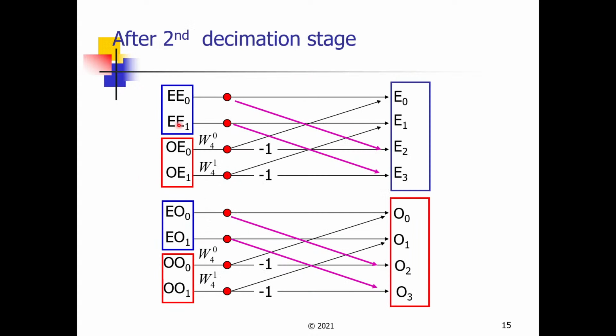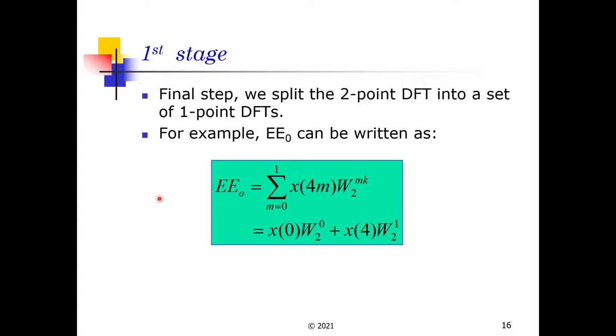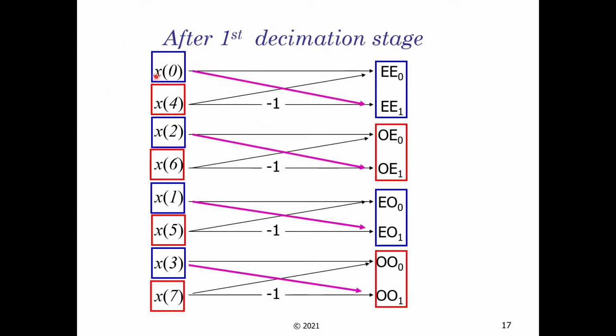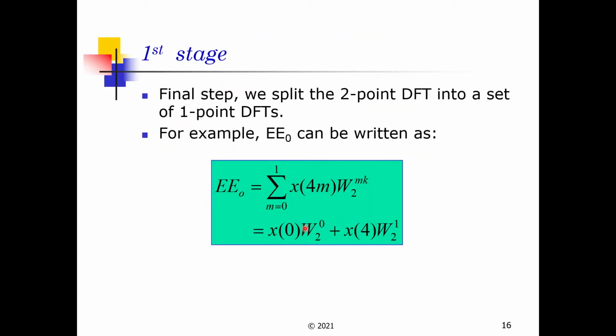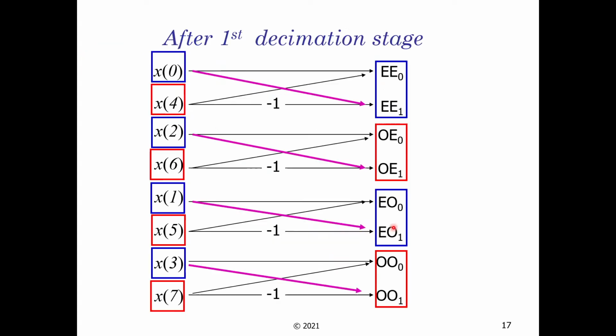So after that particular decimation stage, we see here that our butterfly diagram modifies a little bit. Instead of having all the 12 factors here on the bottom, we now have the 12 factors represented in pairs instead. And we can keep on going until we decimate into a set of 1-point DFTs and so forth. At this point, the 12 factors are just going to be 0, 2, 0, and 0, 2, 1.